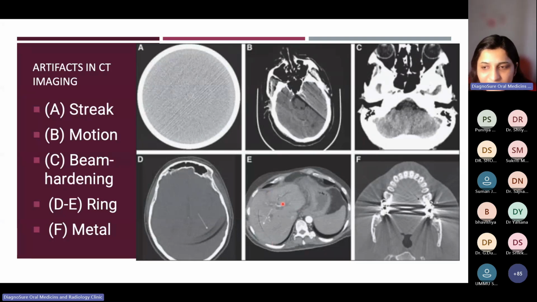It arises from detector malfunction or miscalibration. If one of the detectors is not properly calibrated, this may generate a ring artifact. Then comes the metal artifact. It is very common due to dental implants, crowns, and other dental restorations. They can lead to metal artifacts.